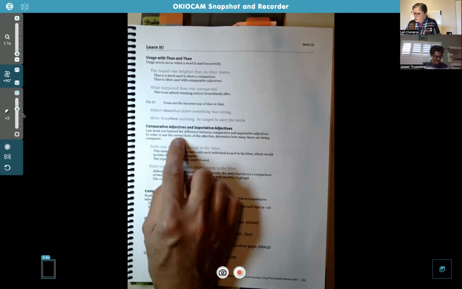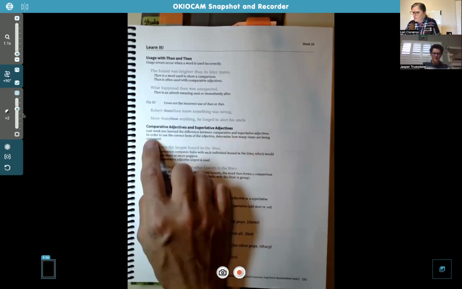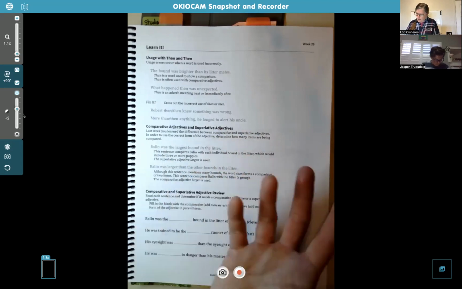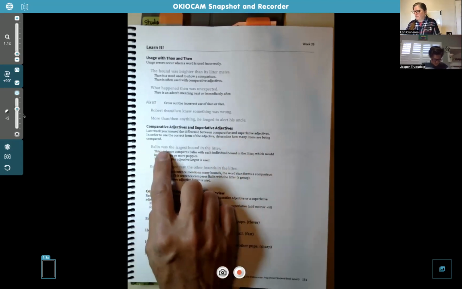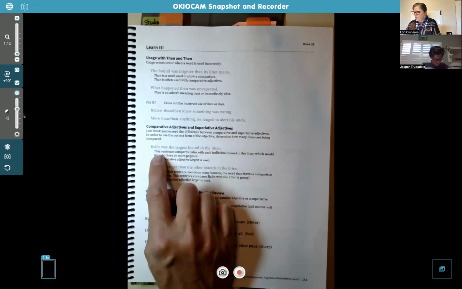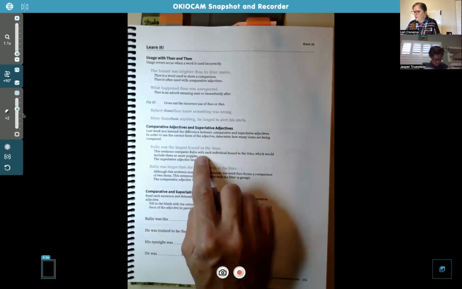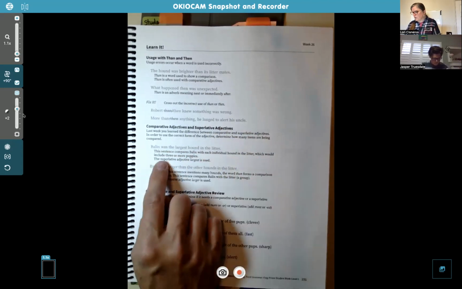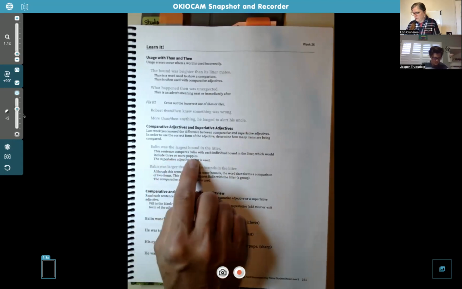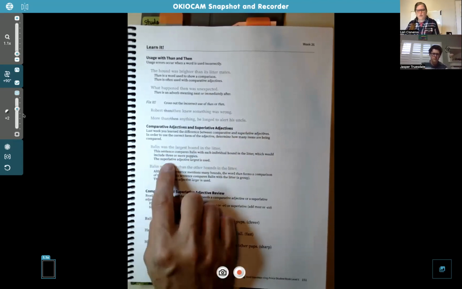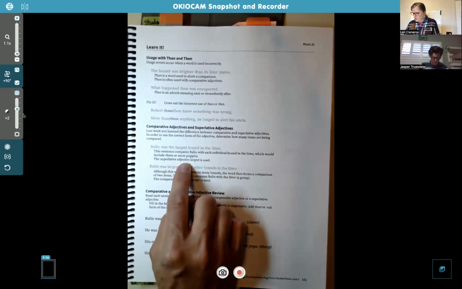So last week you learned the difference between comparative and superlative, in order to use the correct form of the adjective to determine how many items are being compared. Balin was the largest hound in the litter. This sentence compares Balin with each individual hound in the litter, which would include three or more puppies. Since there's more than two that you're comparing, it's considered a superlative adjective.